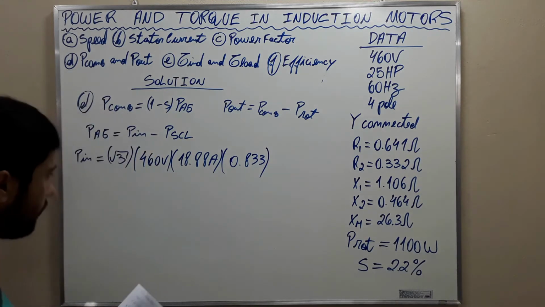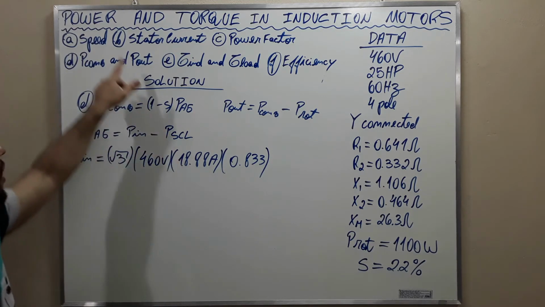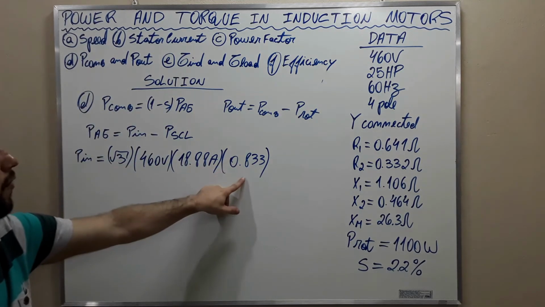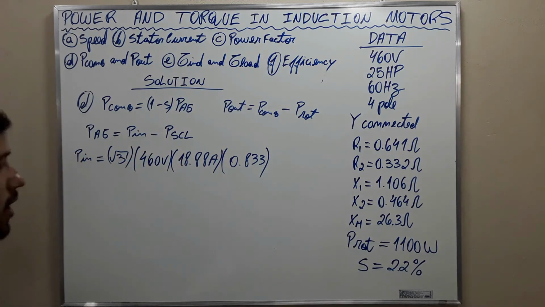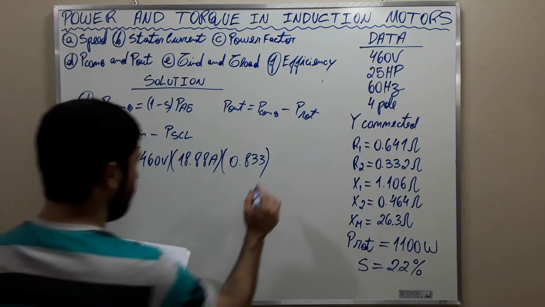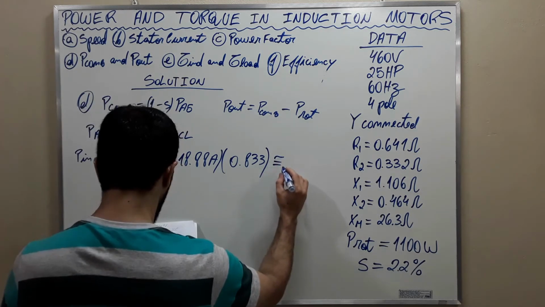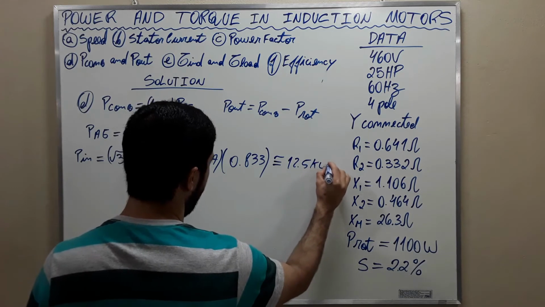The value of the current we calculated for letter B, and the power factor we calculated for letter C. So we already know these values. Then the input power is approximately equal to 12.5 kilowatts.